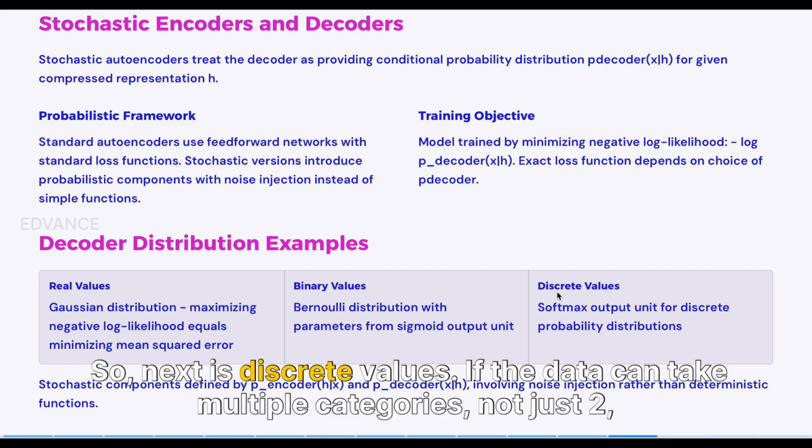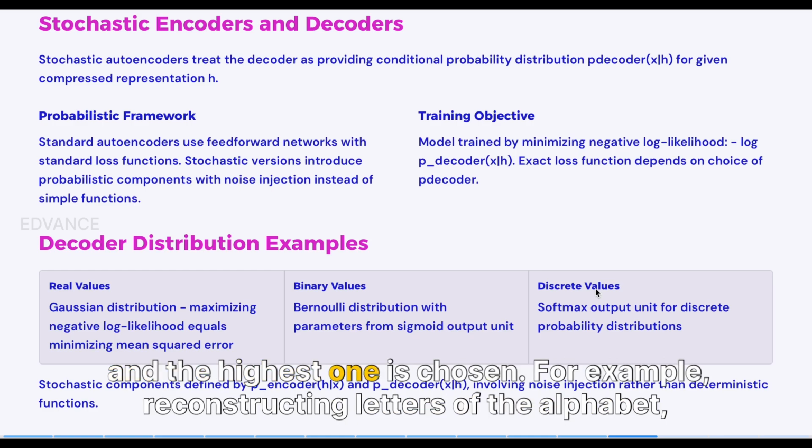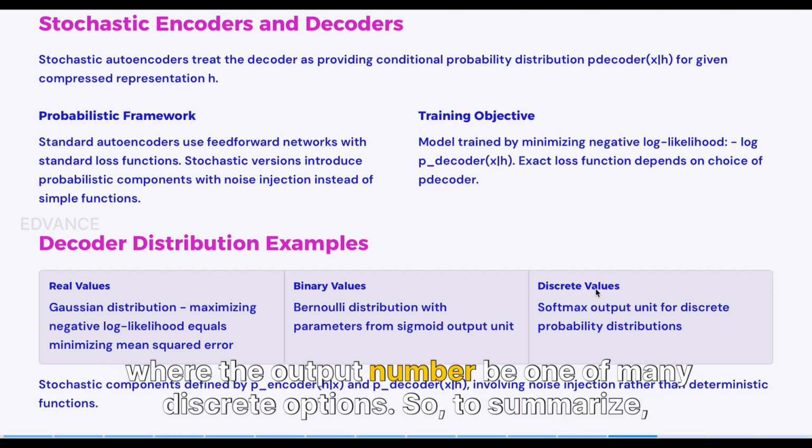So next is discrete values. If the data can take multiple categories, not just two, then the decoder uses softmax distribution. Softmax gives a probability for each class, and the highest one is chosen. For example, reconstructing letters of the alphabet, where the output can be one of many discrete options.